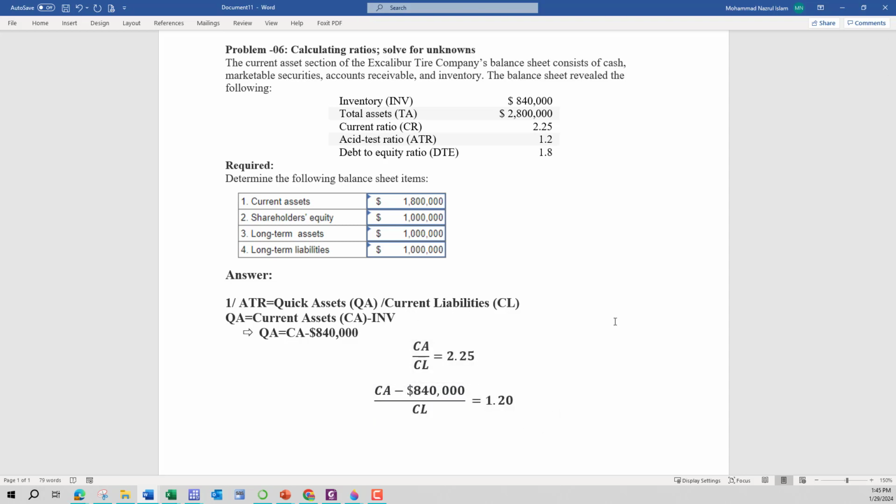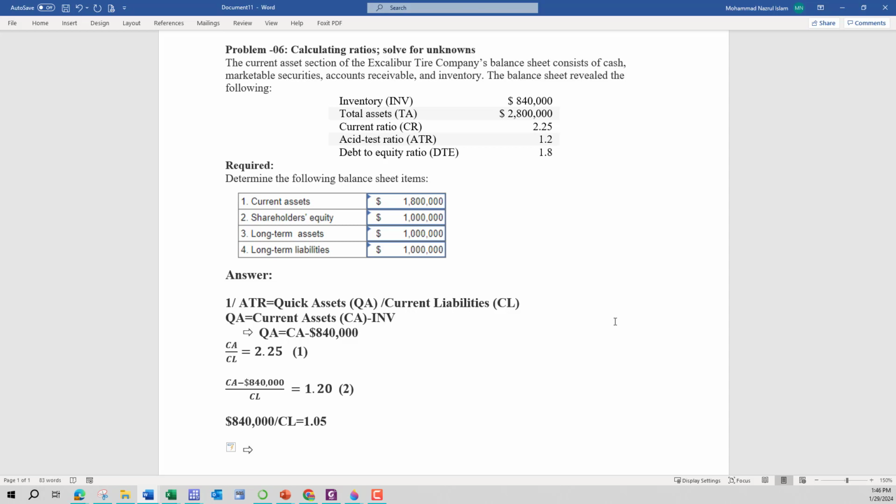Now think that we have equation 1 and equation 2. From equation 1 and 2, if we subtract, we find 840 divided by current liabilities is equal to 1.05.